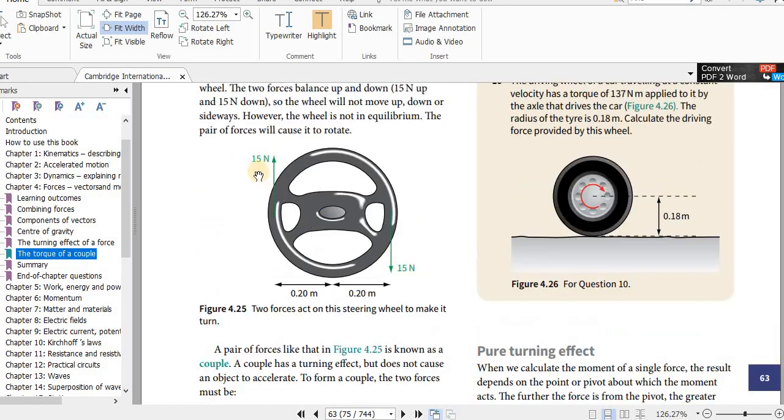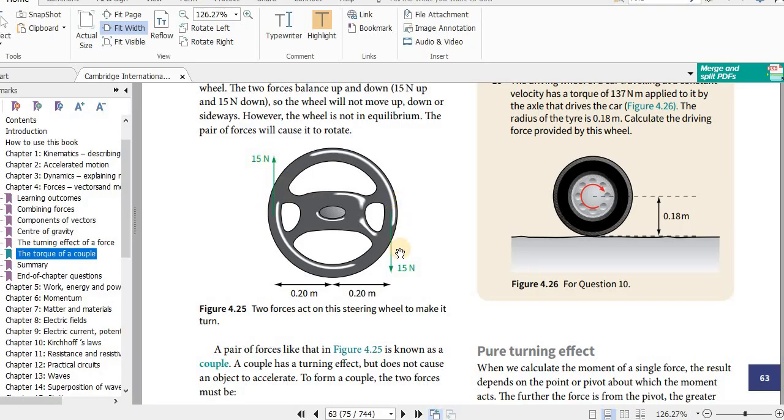For example, you see here a pair of forces like that in figure 4.25 is known as a couple. Figure 4.25 is this: you have one force this way and the other force this way. These two forces are anti-parallel. That means if both are in the same direction and equidistant, we say they are parallel, and also in the same plane.